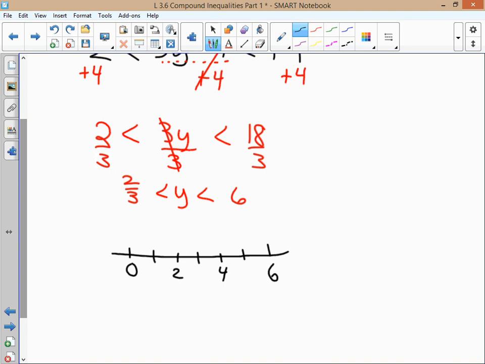It's not necessary to write every number, but it is necessary to have a consistent scale. 2/3 is between 0 and 1, so it's about right here. And it's a circle here because it's less than, not equal to, it's open. 6 because it's less than and not equal to, it's open. And all the numbers between 2/3 and 6, the graph looks like a dumbbell, just like that.